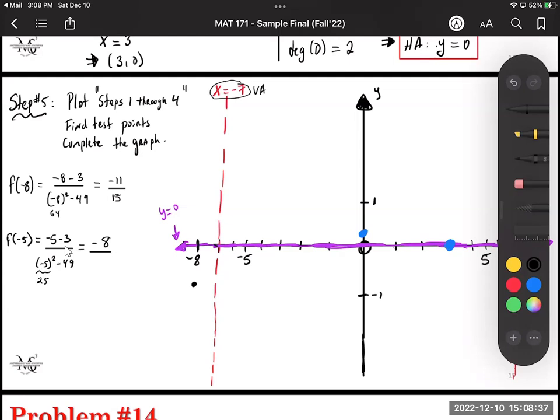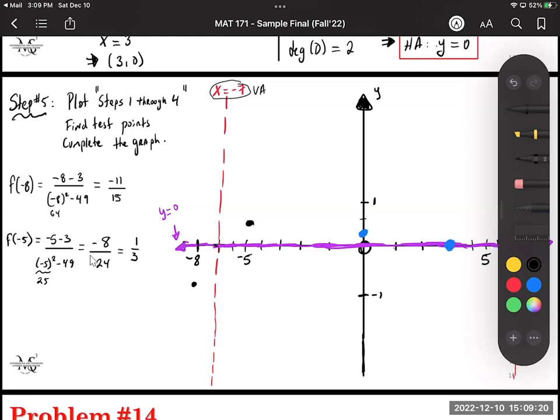So what's 25 minus 49? -24. And you can reduce this: -8 over -24 is positive 1/3. So that ordered pair, (-5, 1/3), is still going to be below this positive 1. Let's say somewhere around here. So that's a second test point I have.